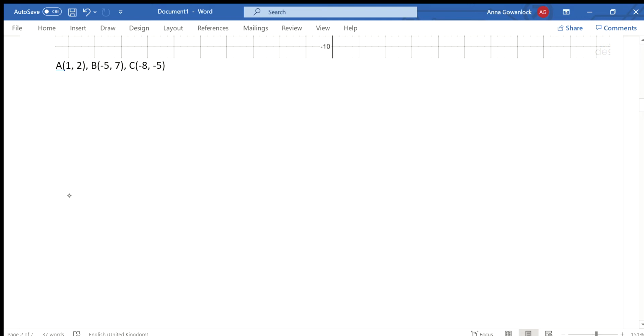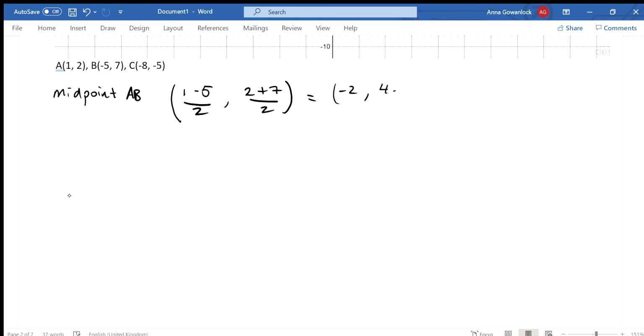first of all, I'm going to find the midpoint of AB, and I'm going to find that by doing 1 - 5 over 2, 2 plus 7 over 2, and that gives me the midpoint of -2, 4.5.